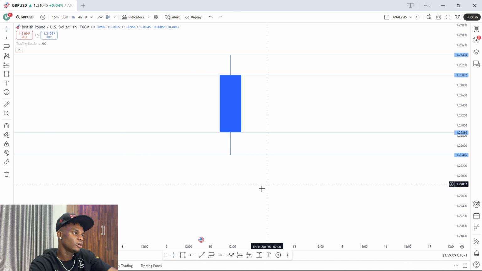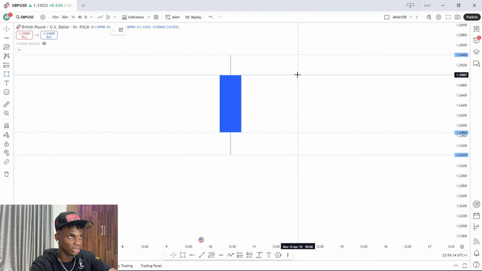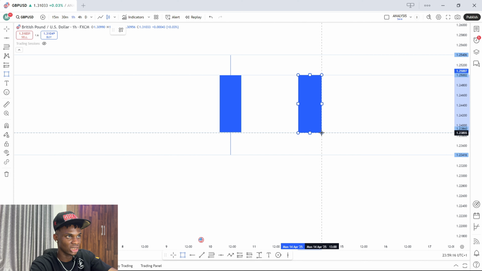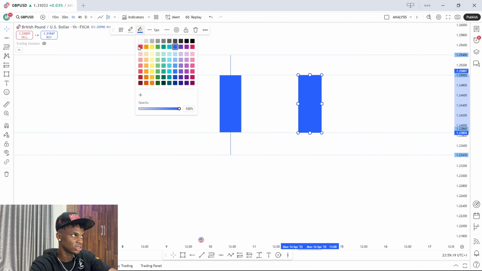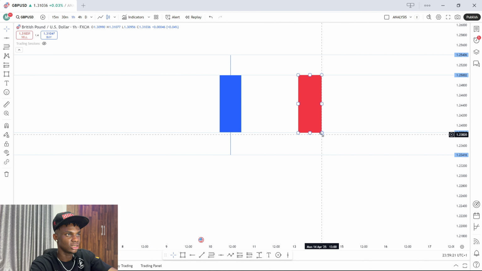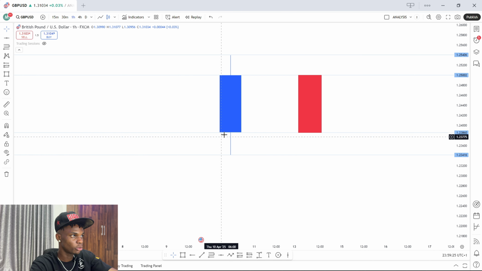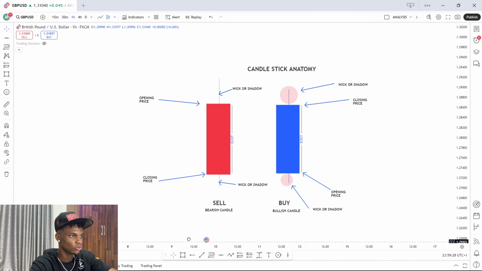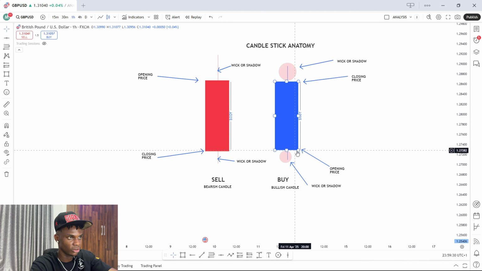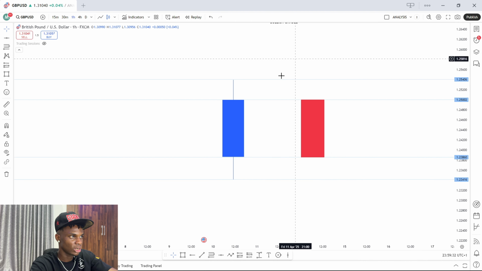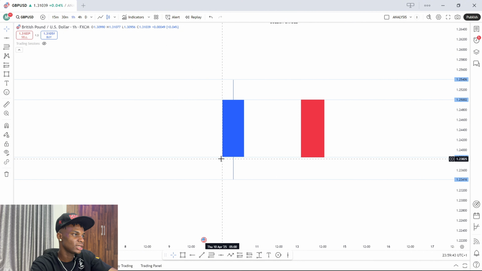Now, the same thing occurs if it's a sell position. If it's down, it's basically the same thing. Let's say, for example, it's a sell candle, which is going to be red in this case. The candle opened here. In the initial case, we said what the opening price is on a bullish market. Now look at this bullish candle.